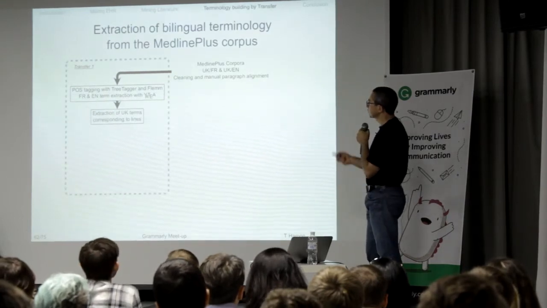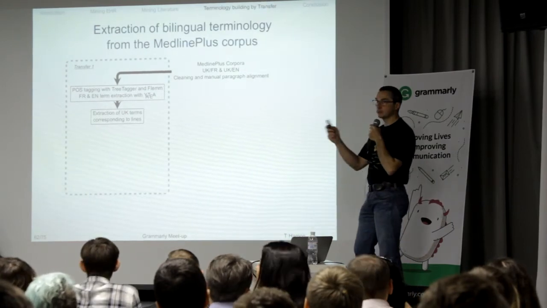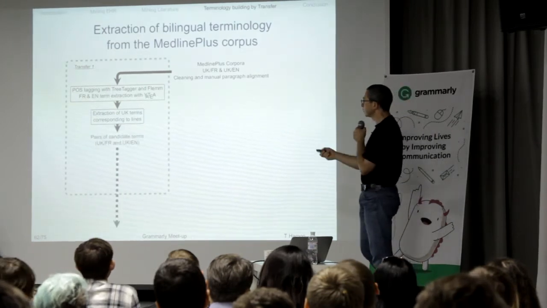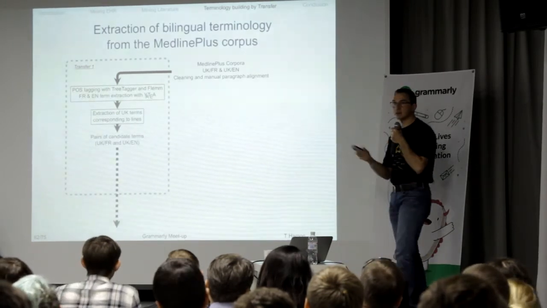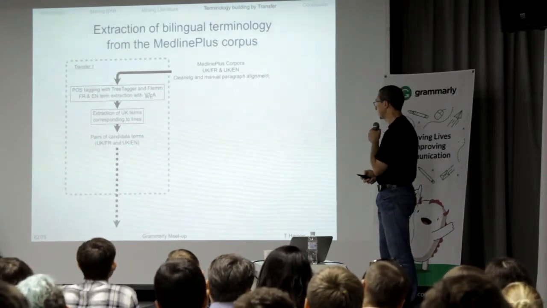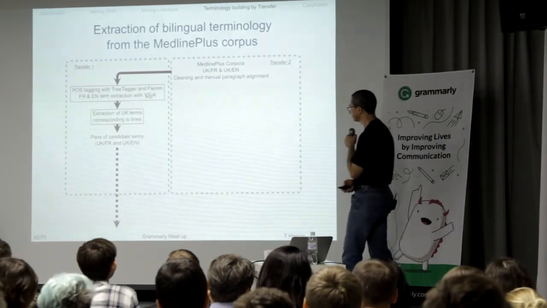In that case, for the first transfer, we make the correspondence between the lines in French and English, and then we obtain pairs of candidate terms between Ukrainian and French, Ukrainian and English.